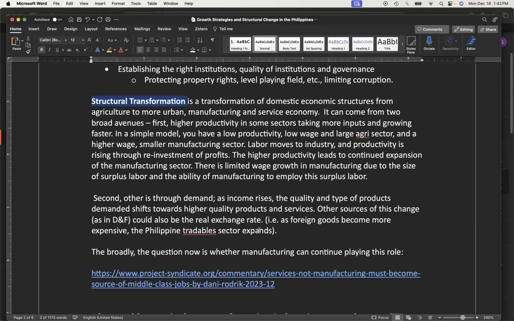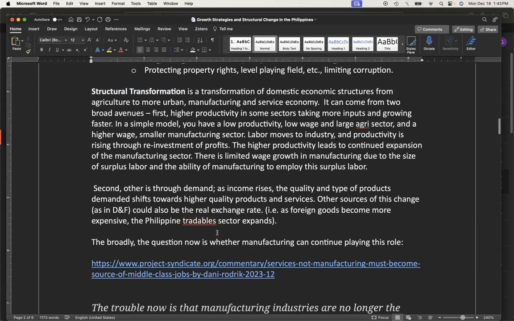Other sources of the structural change, as mentioned by Ducanes and Fabella later on, I'll show some plots, can also be the real exchange rate. And we talked about how our real exchange rate is appreciating, which means we have a bias against selling tradables, right? So in this case, we will tend to have a smaller manufacturing or smaller tradable sector because of our appreciated real exchange rate.